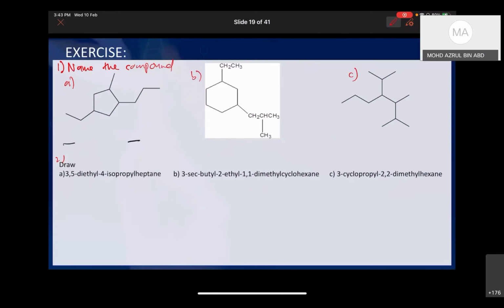You can write in the chat, privately. Okay, maybe you can open your mic. Compound number 1, what is the name of compound number 1?